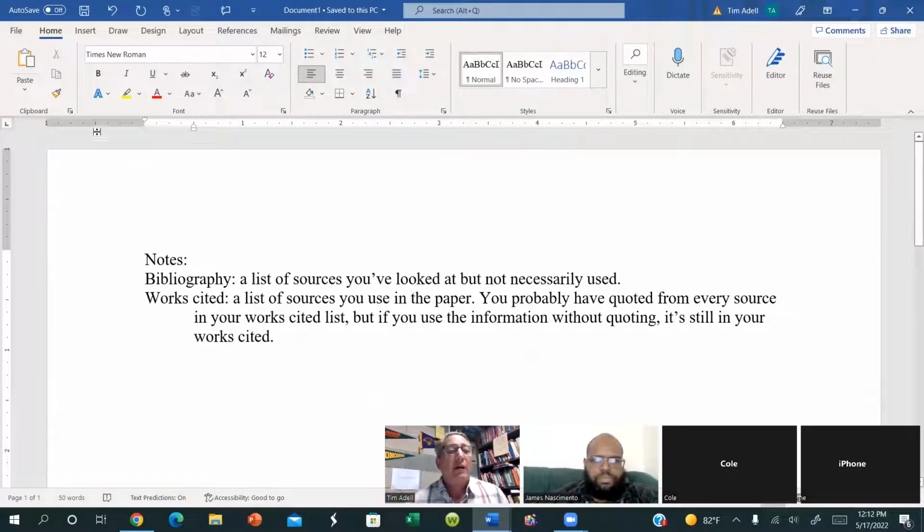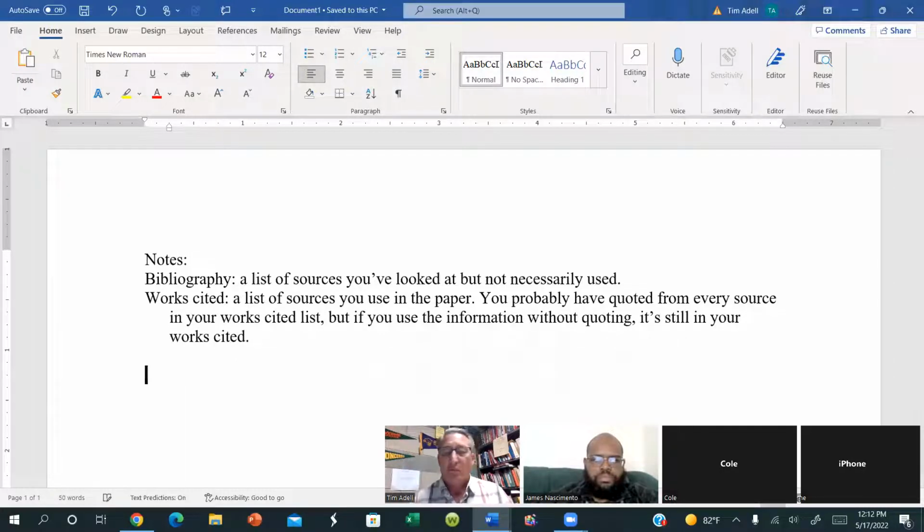Okay. So what this means is the relationship between the two is you make the bibliography, get it correct, cut and paste from the bibliography to make your works cited list.